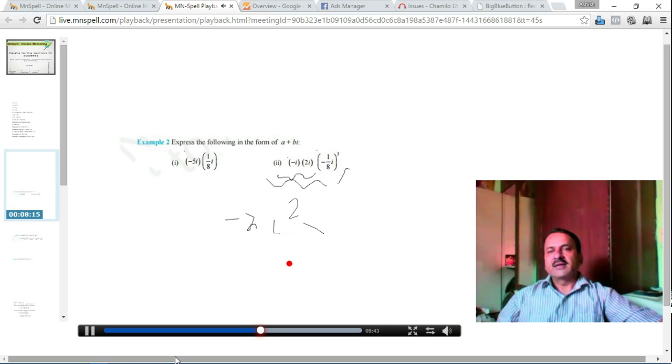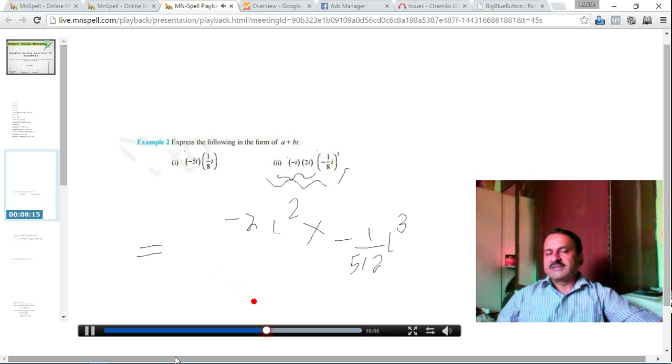And if you simplify this term, (minus 1 upon 8i) whole cube, you will get minus 1 upon 512 i cube.